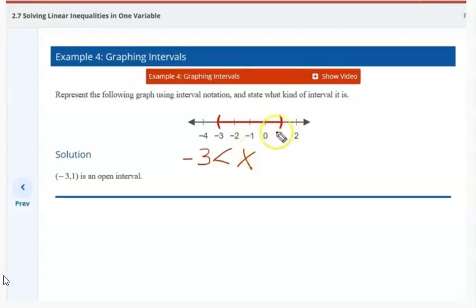And over here, x is less than 1. So in interval notation, again, a parenthesis, a -3, a 1, and then a parenthesis. And this would be what we call an open interval because of the parentheses.